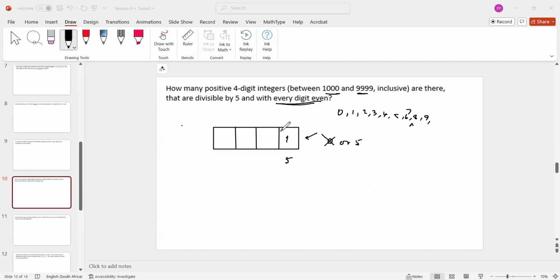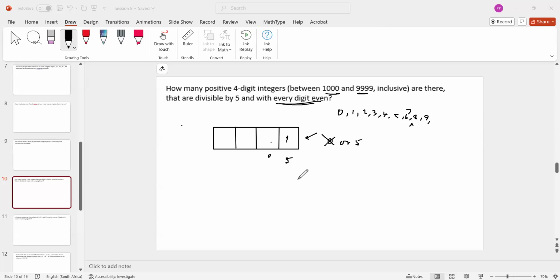Right. Now every digit is even. So in this place here, let's go to the left. You can put 0. That's even. A teacher once asked me, why is 0 even? My answer was, well, if you add 1 to it, it becomes an odd number.